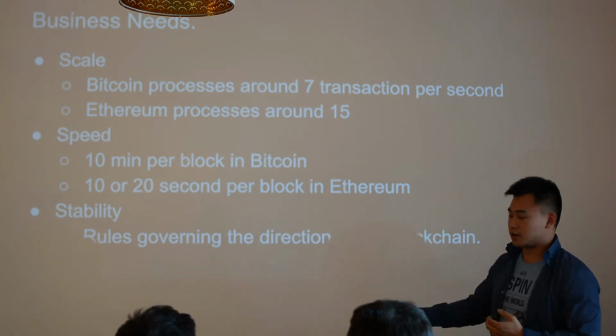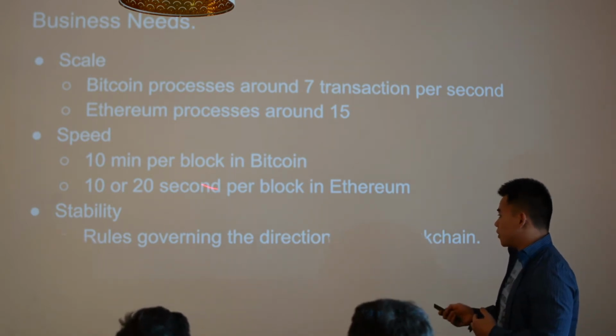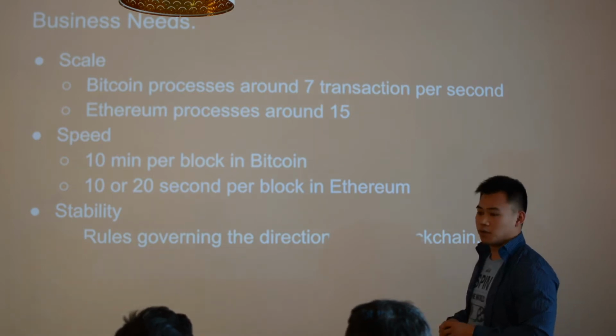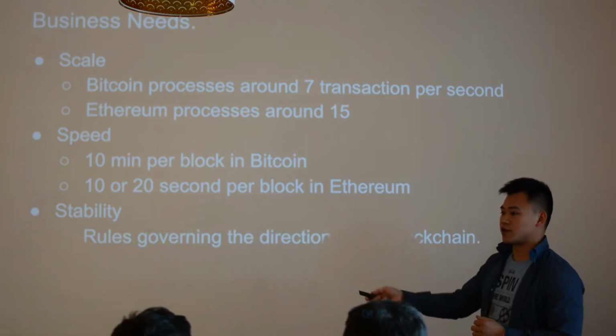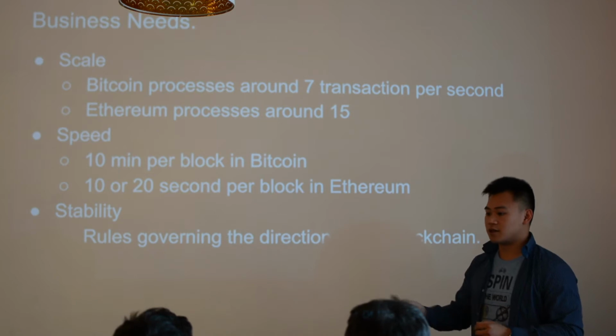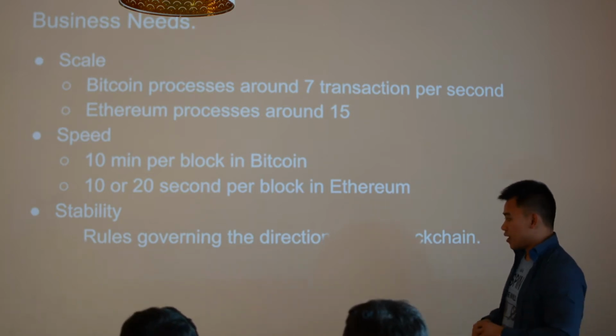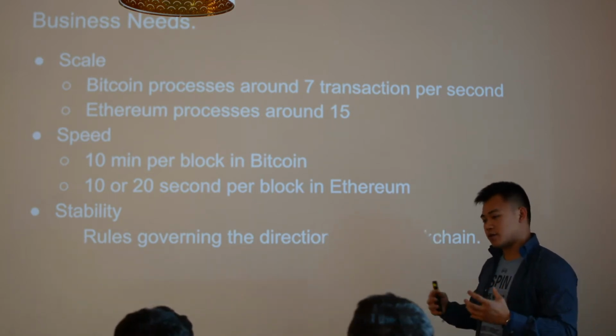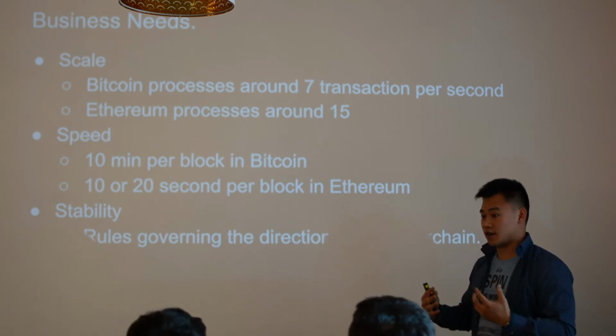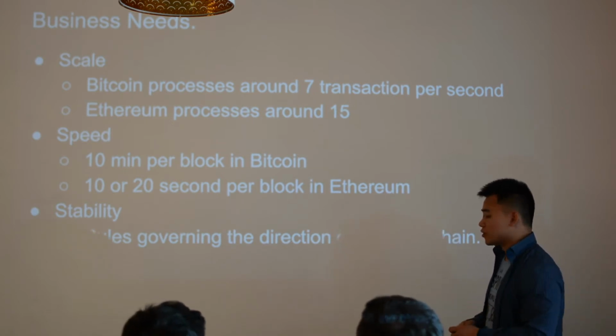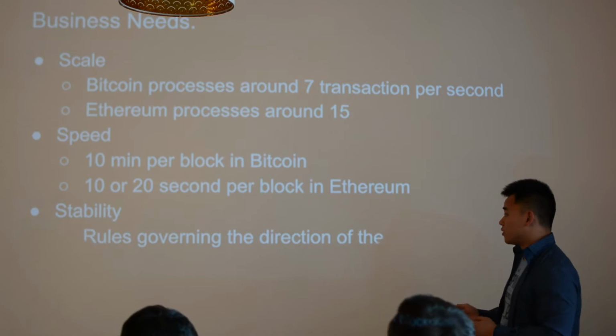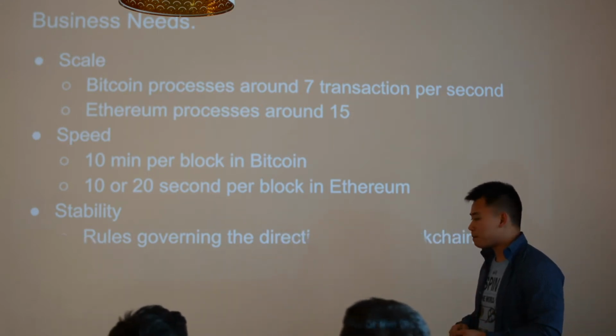Getting it verified is another problem. In Bitcoin, it's 10 minutes per block. That means even though you send a transaction, you still have to wait 10 minutes to get one confirmation. And for security purposes, you probably want to wait for 6 confirmations, which should take up to an hour. So it's not very fast. In Ethereum, this is 10 to 20 seconds per block. It's a little bit faster.